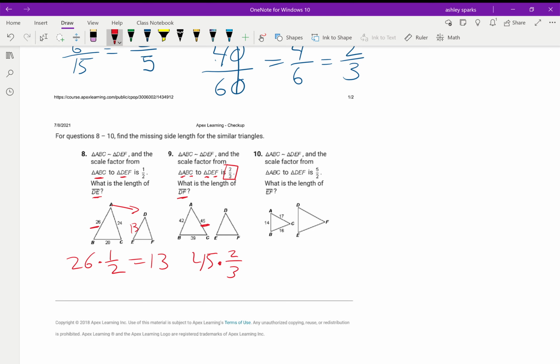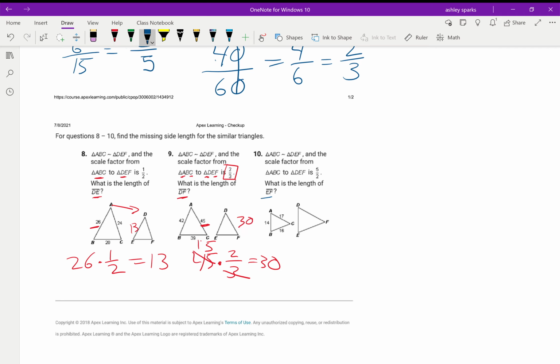And I want to do that calculation. You could do the calculator. We could cross out here, right? 15 times 3 gives me 45, and then 15 times 2 would be 30. So you divide by 3 and then multiply by 2 is another way of thinking about it. So that would give me DF being 30.